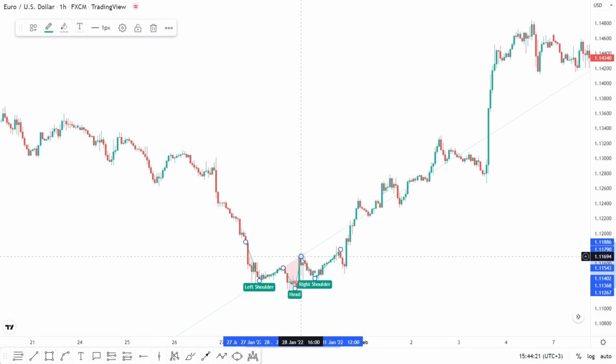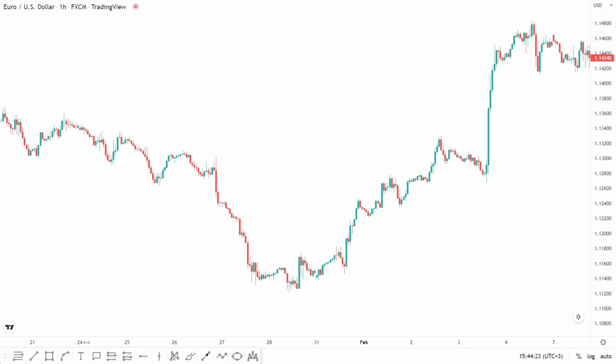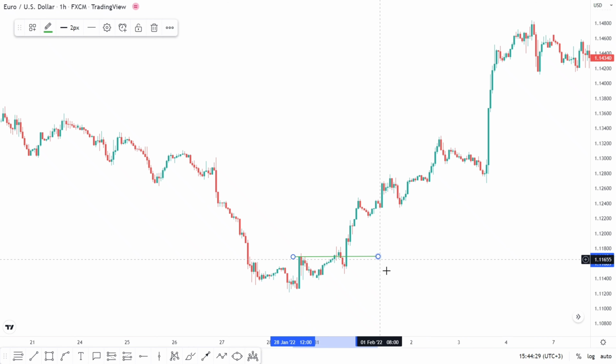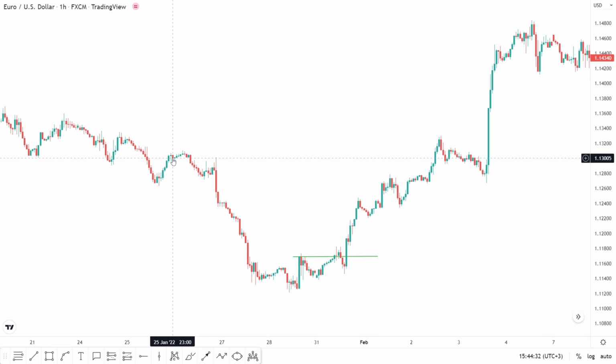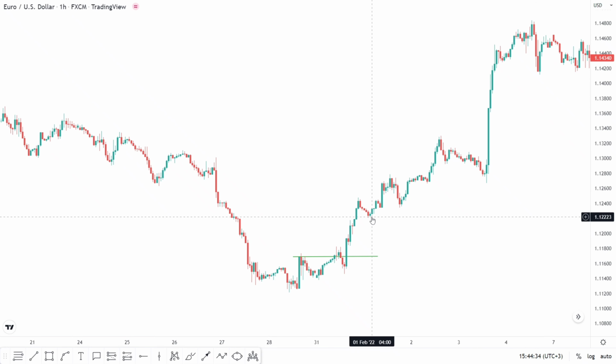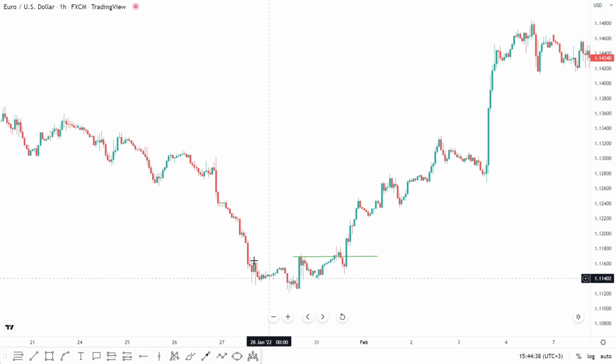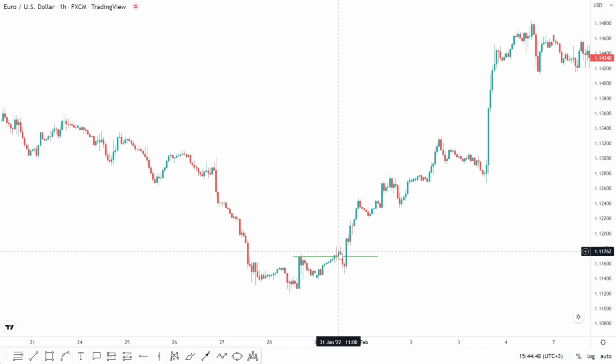So I'll just come and delete the pattern, mark the neckline so that you can see where it is. Since price is reversing from being bearish to bullish, we want to buy, but we want to buy anywhere above the neckline. So don't forget that our pattern, here, this is where we had our shoulder, the head, then it came back here and we formed a right shoulder, and the shoulder ended at this point.